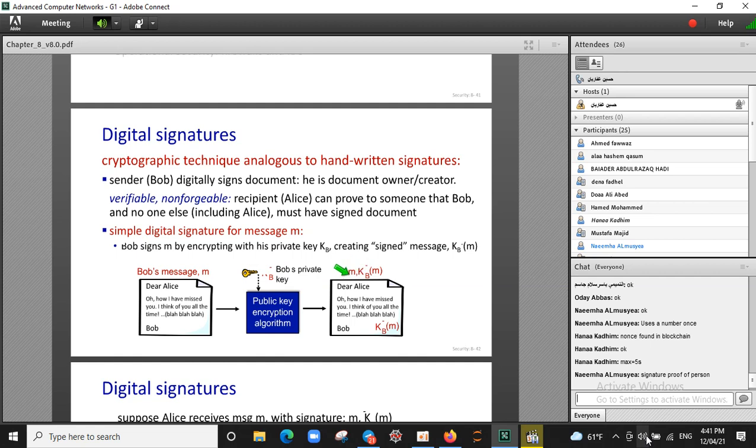Bob should send his message, say M, to Alice, plus the text encrypted with his private key.